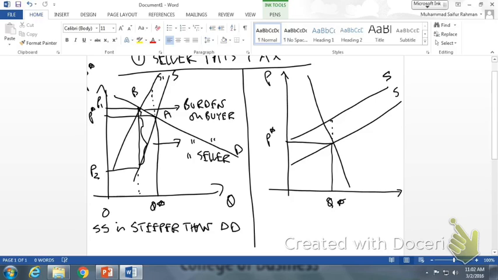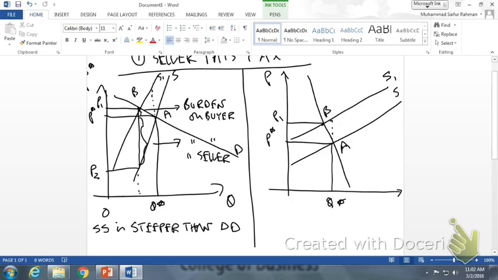So that is my leftward shift of the supply curve. If that happens, P1 is the price at B, the new equilibrium, and A is the old equilibrium.